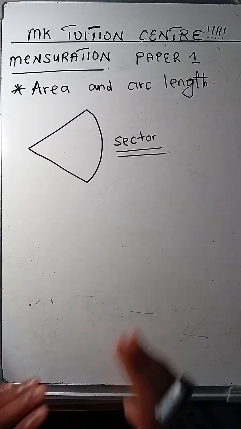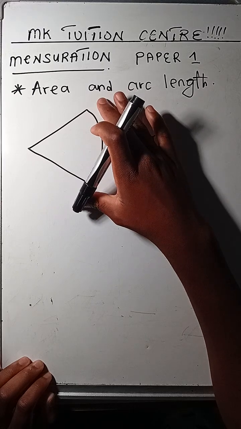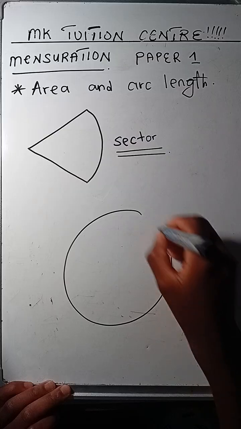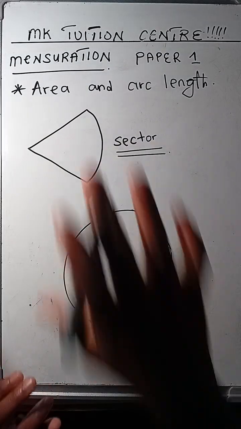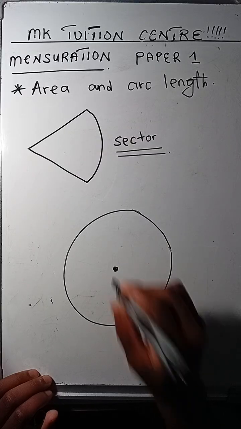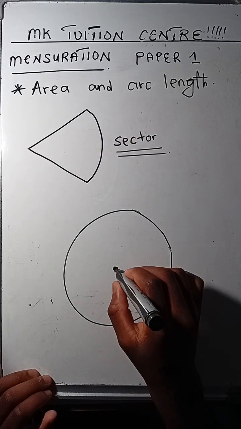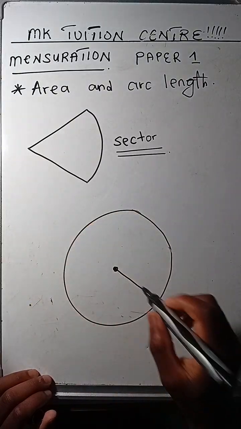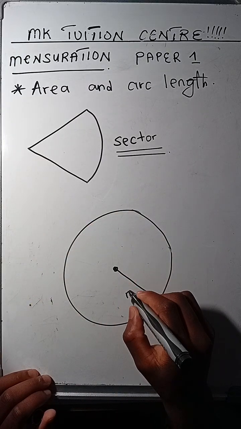Now, this is just a part of a circle. I believe by now we all know the parts of a circle. Now let me focus on the sector alone. This right here is the center. From the center to the circumference, this line we call the radius.